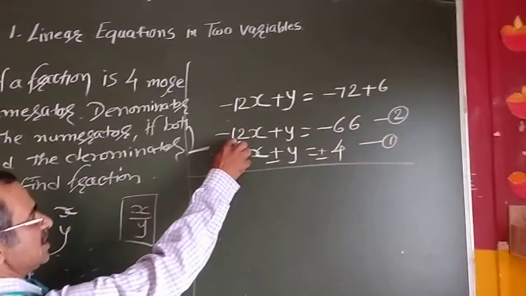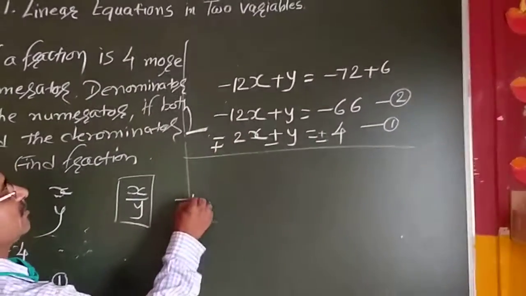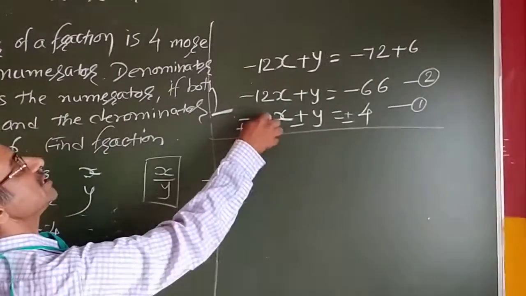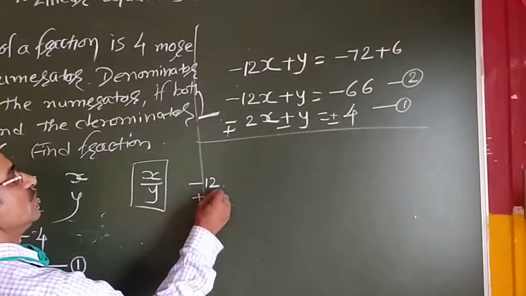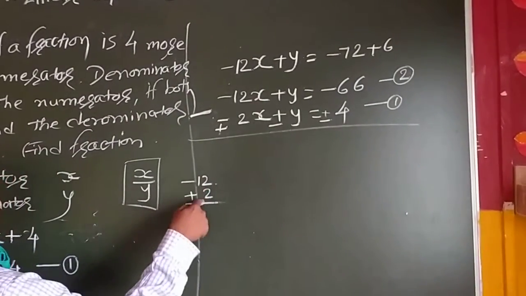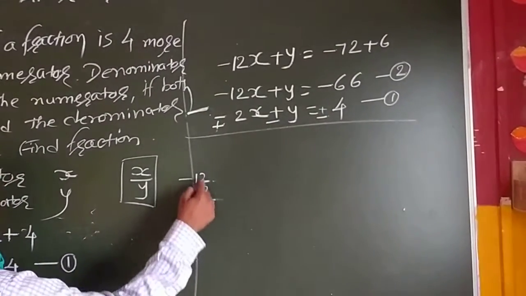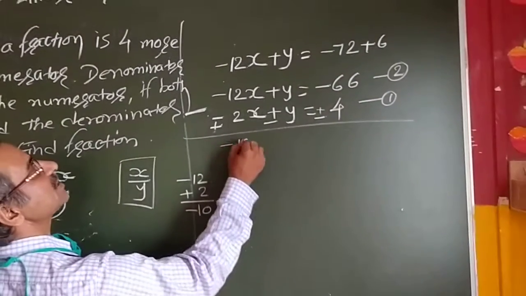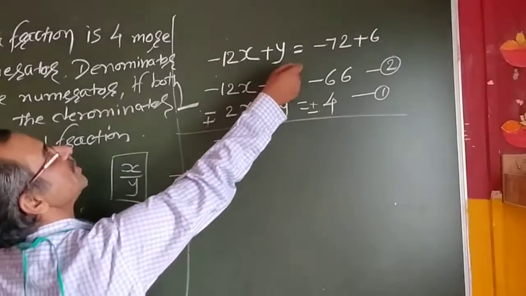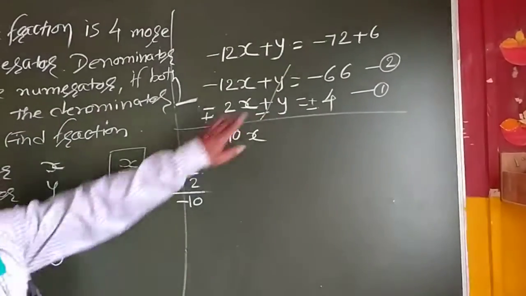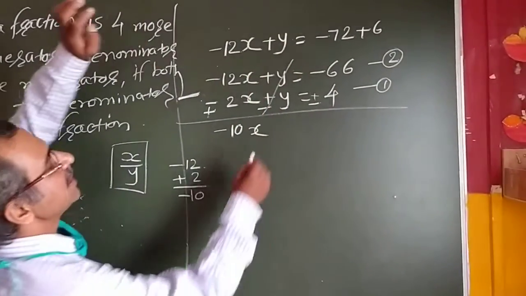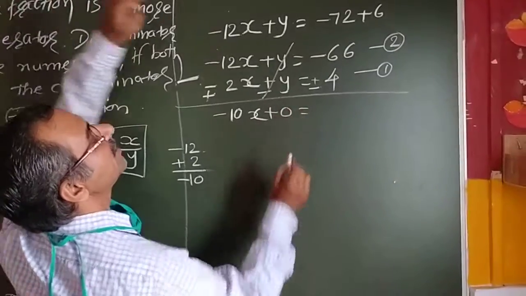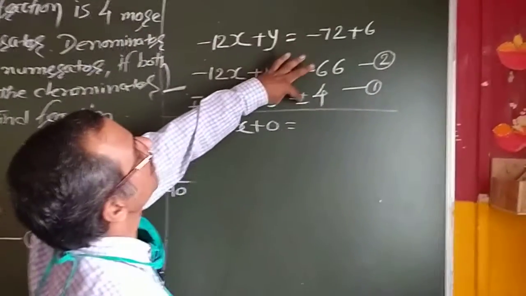Then minus 12x minus 2x, the coefficient of plus 2. Different signs, so subtraction 12 minus 2, 10. The bigger number's sign is minus, so minus 10x. Plus y minus y gets eliminated, that is 0, and minus 66 minus 4.